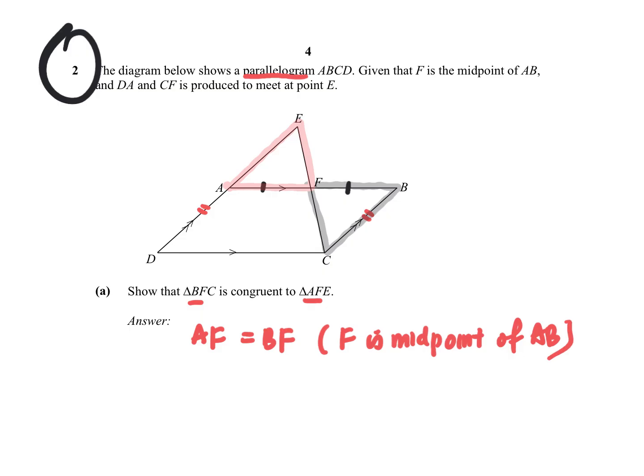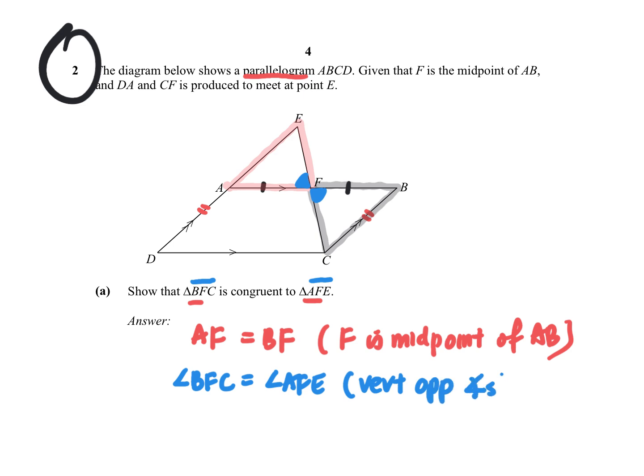Okay, next thing that is the same is probably one angle we can have. These two are vertically opposite angles. So we can write one down first, angle BFC. So the order of the other one, BFC, you compare with AFE. So this is vertically opposite angles. So you need one more, which you can use alternate angles. Can you see this is a parallel line?